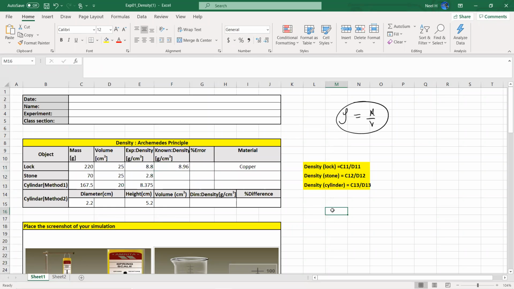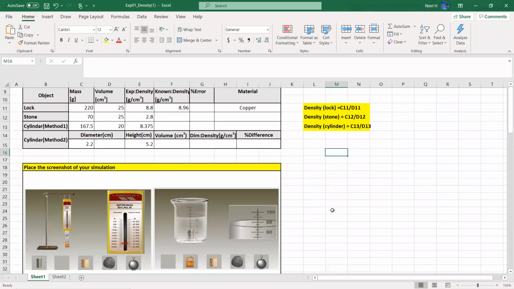Now in experiment number 1, we discussed two different types of error calculation, if you remember. We talked about percentage error: if I have a known value, and I calculate the same in my experiment, we would like to compare them. So we take the difference between known and experiment, absolute value, divide by the known, and then multiply everything by 100.